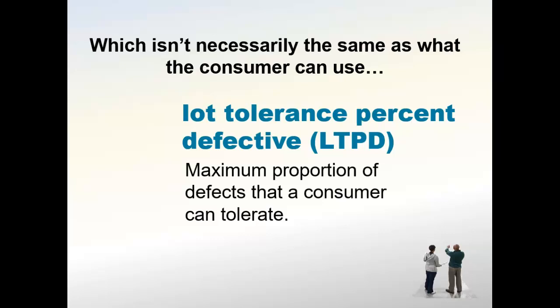It is often assumed that the customer who declares the acceptable quality level will nonetheless accept up to a higher amount occasionally, recognizing the randomness in sampling and in the process. Therefore, the consumer has a second, higher limit on what is usable, known as the lot tolerance percent defective, or LTPD, and that is again the maximum proportion of defects that a consumer can tolerate.